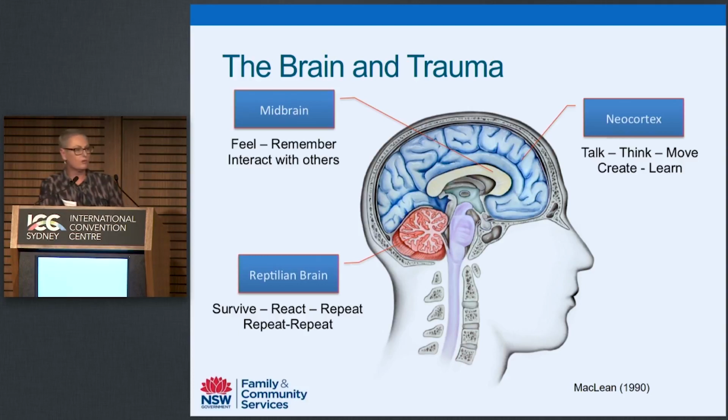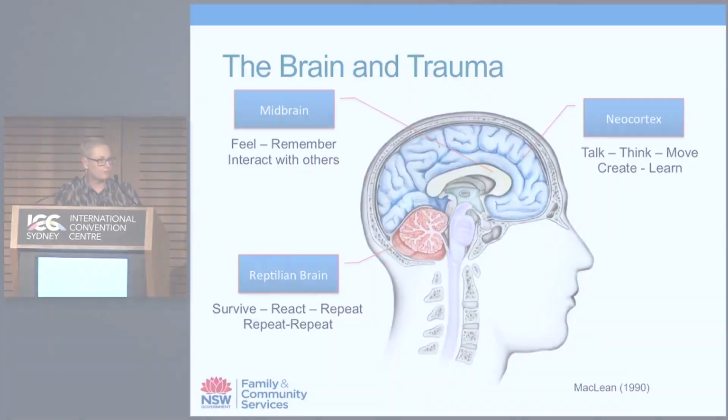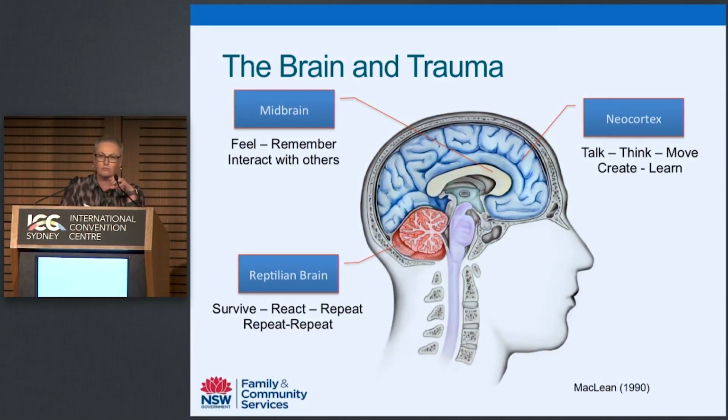So when we're first born, obviously we're born with a brain stem, which is fully functioning, and that is developing in utero. We need that to be able to survive. And in fact, within the first year of your life, 70% of the calories that you take in go towards brain development. So we grow from the bottom to the top, from the back to the front.